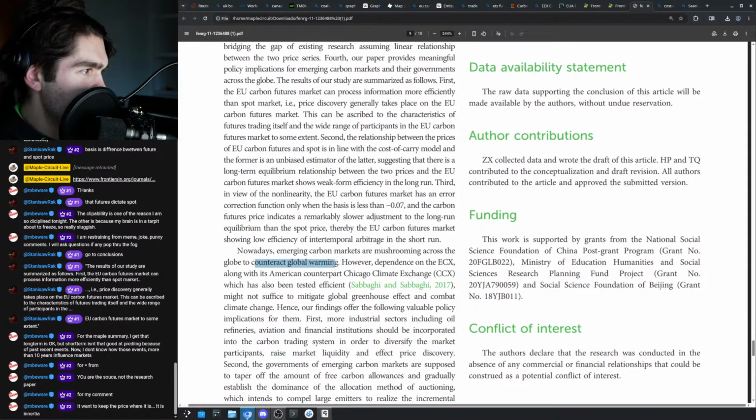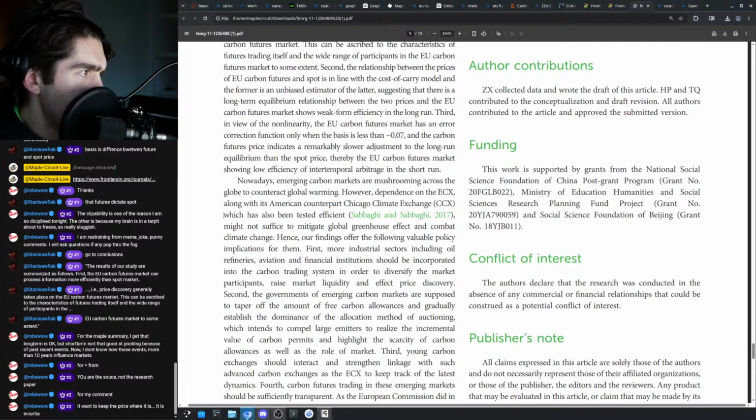To counteract global warming. However, dependence on the ECX, along with the American counterpart, the Chicago Climate Exchange, okay, European Climate Exchange, I guess, which has also been tested efficient, might not suffice to mitigate global greenhouse effect and combat climate change.